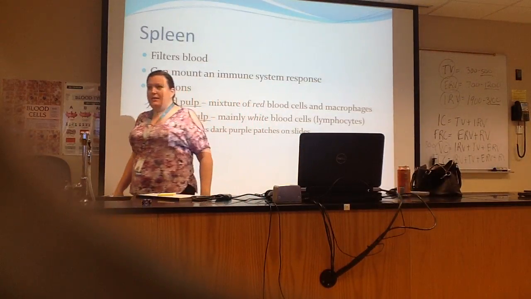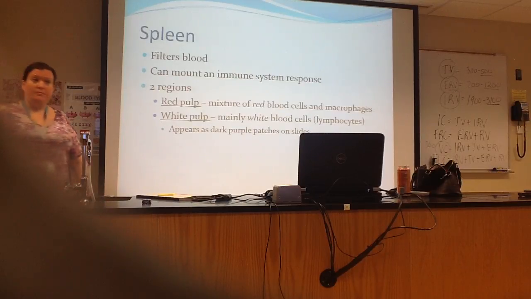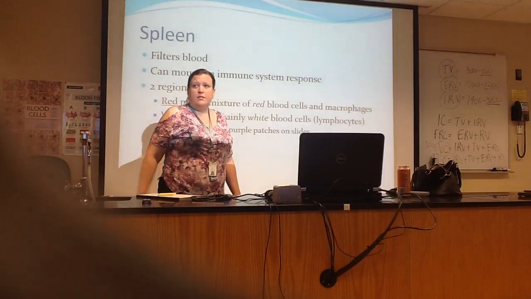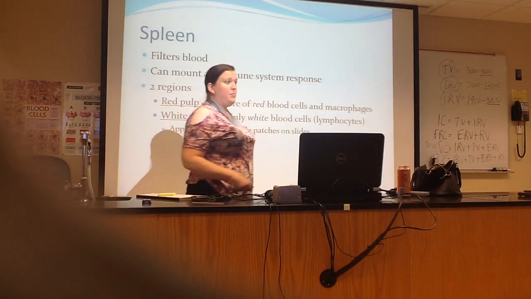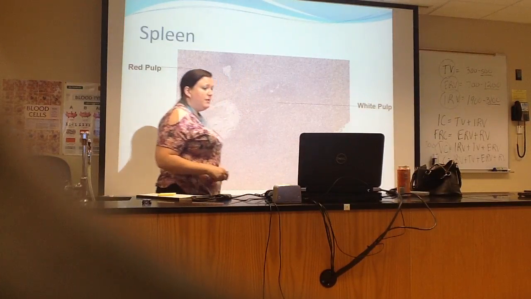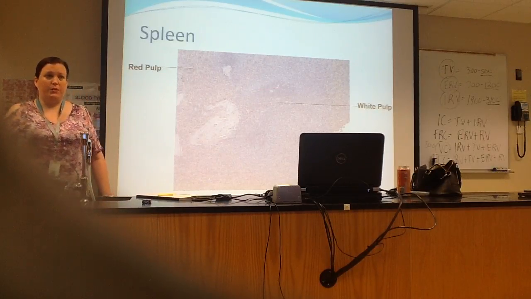Next is the spleen. Its major purpose is to filter your bloodstream, removes antigens and debris. And remember, there's two sections in the spleen, red pulp and white pulp. So when you look at a slide, remember the dark purple patches are the white pulp.